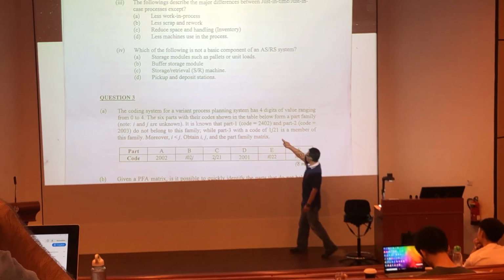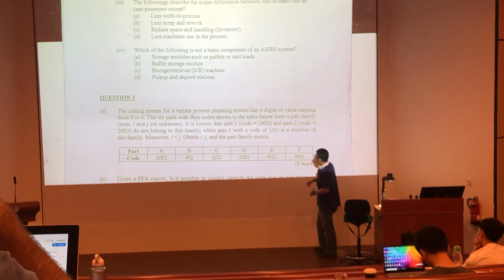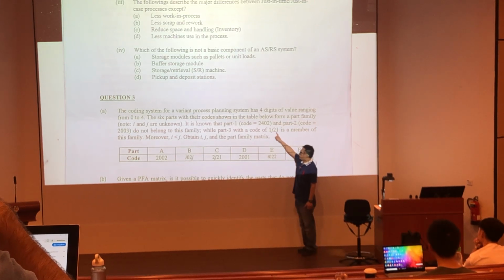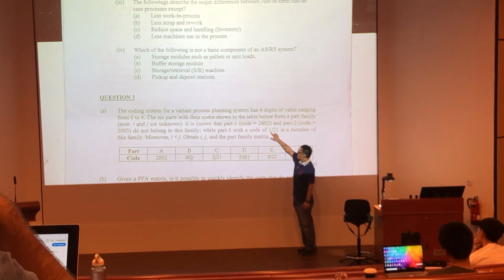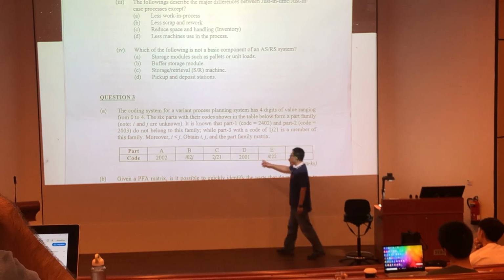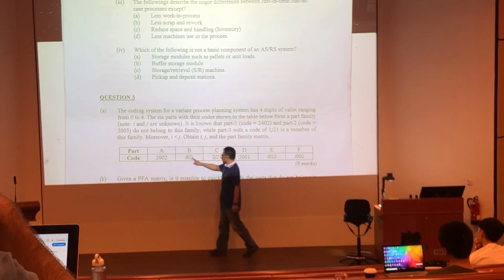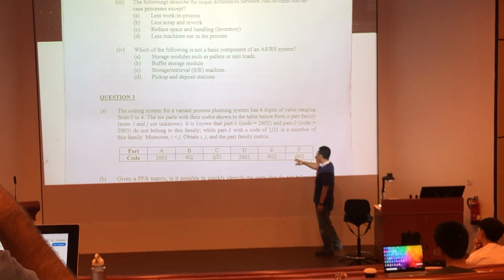Let's start with this: 1J21 is a member of it. So basically, at every digit, we must be able to find the existence of 1J21 among the 6 codes here. 1J21. There's no 1 here, right? For the first digit, there's only I and also 2.